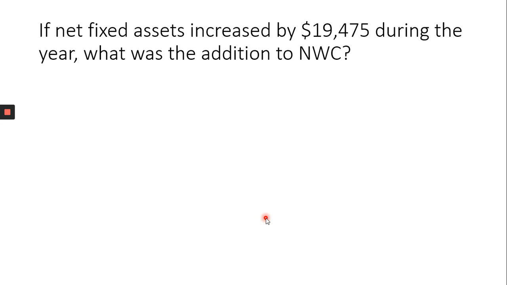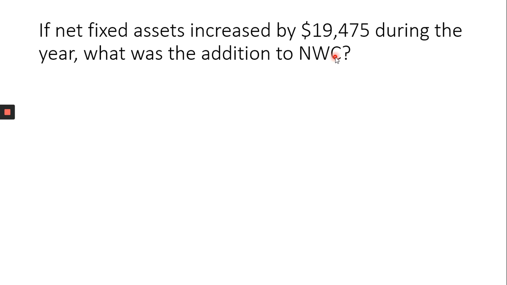So the question is saying if the company increased their fixed assets by $19,000 during the year, what will be the addition in the net working capital? Let's say if the net working capital is $100, for example, what will be the extra net working capital due to the increase in the net fixed asset?